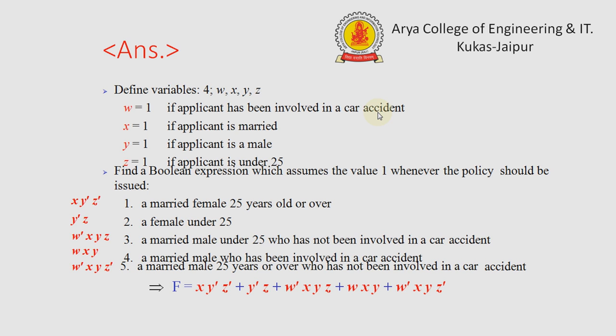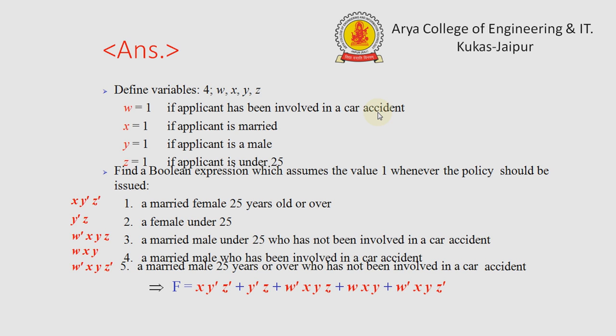W equals 1 if the applicant has been involved in a car accident. X equals 1 if the applicant is married. Y equals 1 if the applicant is male, and Z equals 1 if the applicant is under 25. We find a Boolean expression which assumes the value 1 whenever the policy should be issued.